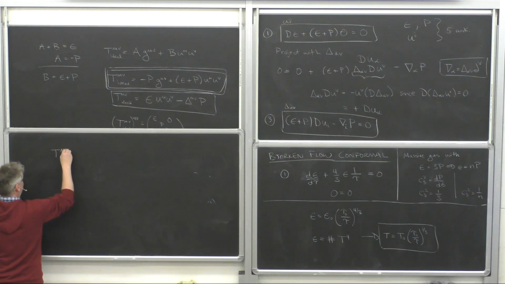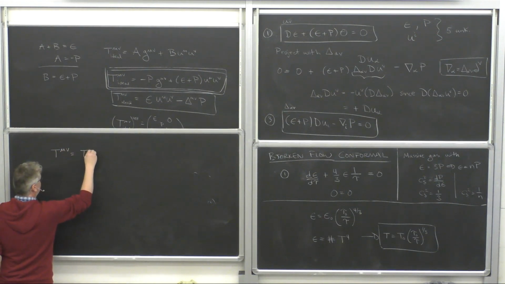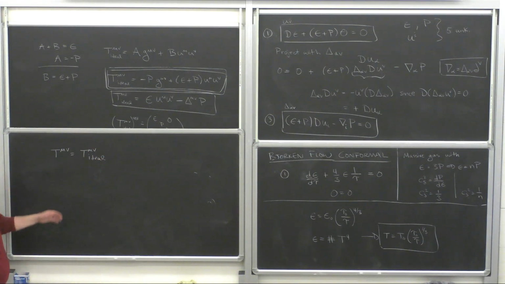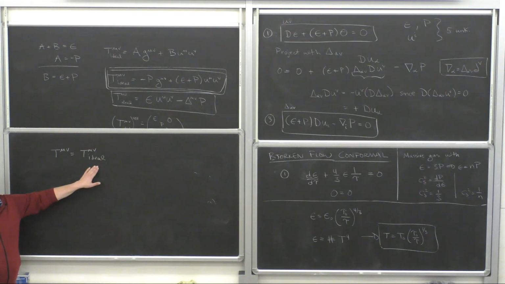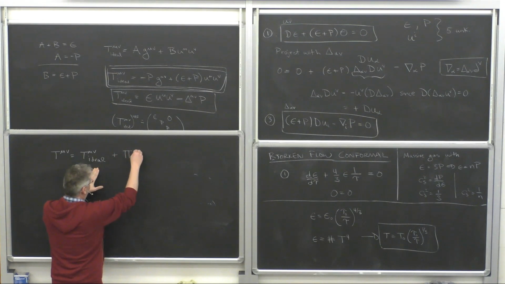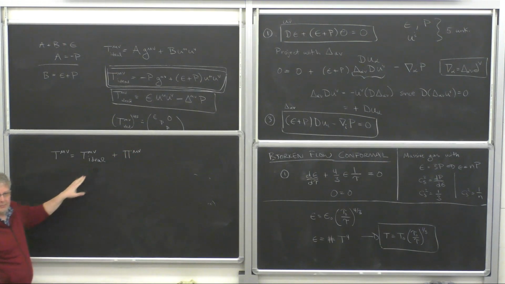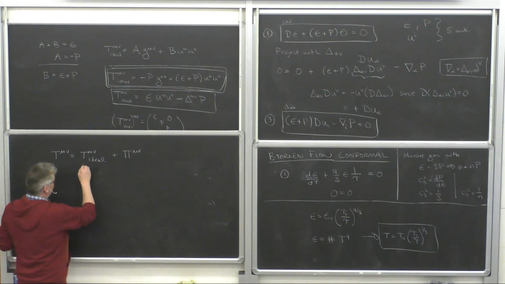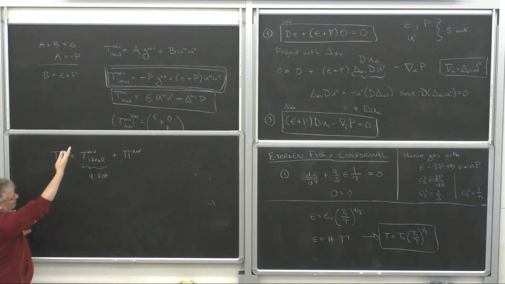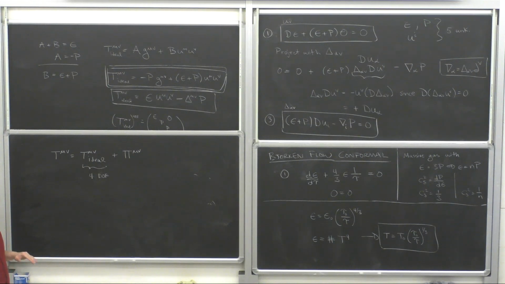Our model for tomorrow is that we're going to start with the basic assumption that it's ideal, but as we've all learned as we've become adults, nothing in life is ideal. So we're going to have to add a non-ideal part, and we call that non-ideal part pi mu nu. The ideal part, coupled with the equation of state, has 4 degrees of freedom, and we were able to get 4 equations of motion for them.